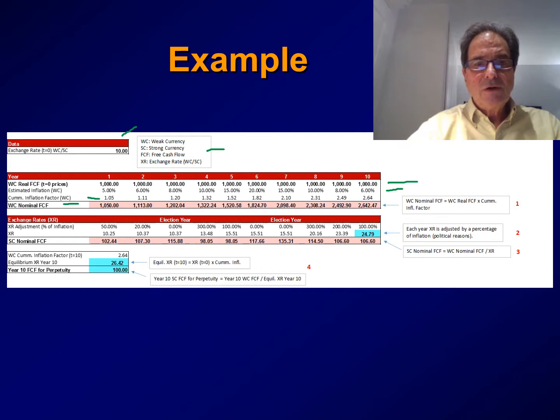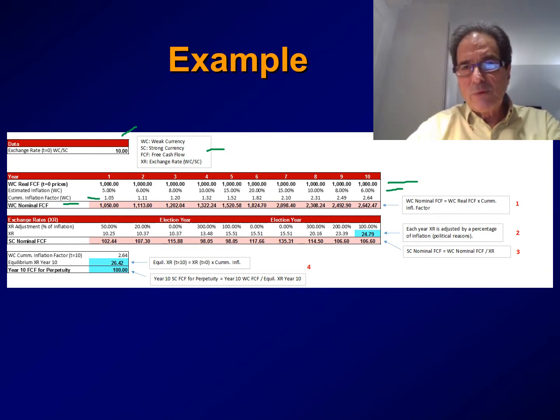Year 2, we multiply 1,000 by 1.11, and we obtain 1,113, and that will be the weak currency cash flow in nominal terms in year 2. And we do the same year by year until we reach the final year, year 10.